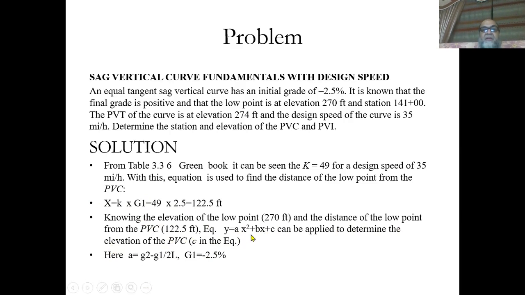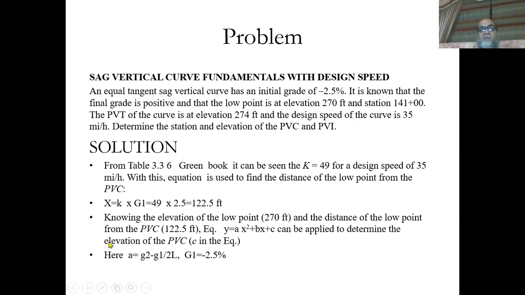So the equation is simply y is equal to ax square plus bx plus c. X we know is 122.5, and a is g2 minus g1, but unfortunately we cannot find the value of a because we don't know L as well as G1.